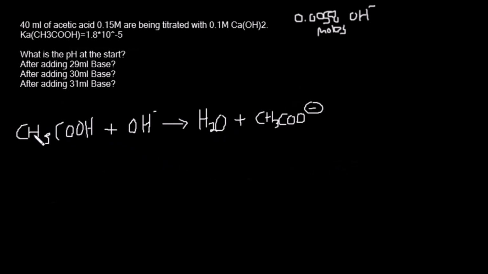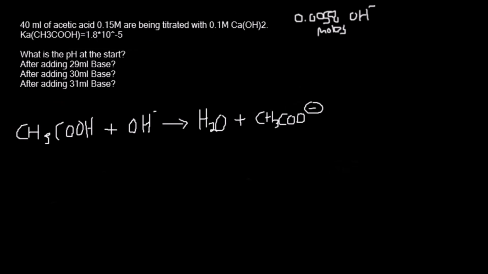So in the beginning, how many moles of the acid do we have? So we have 0.15 times 40 divided by 1000. So this is the number of moles of the acetic acid that we have in the beginning. Of course, you don't divide by the total volume because you need the moles of the acetic acid only in the beginning.